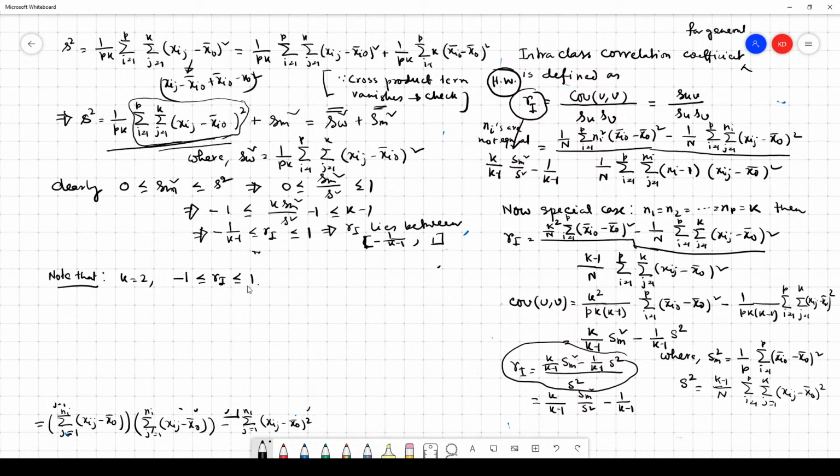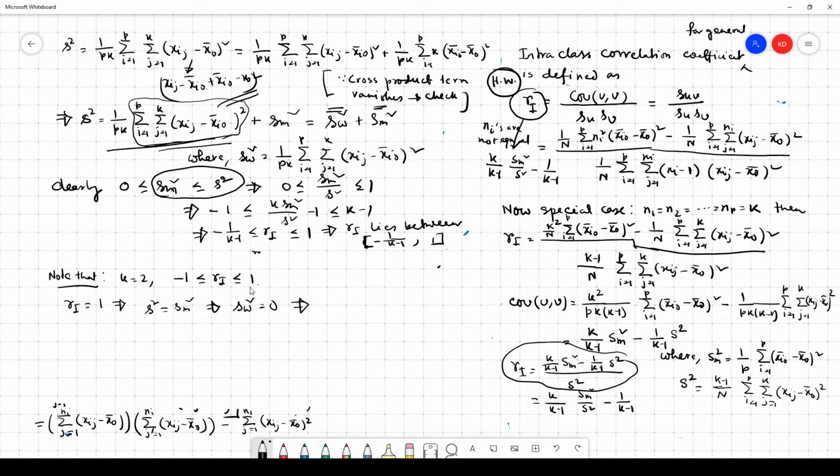So from here, Ri equal to +1, this means what? This means s square, if you look at this, s square equal to sm square. This implies sw square equal to 0.